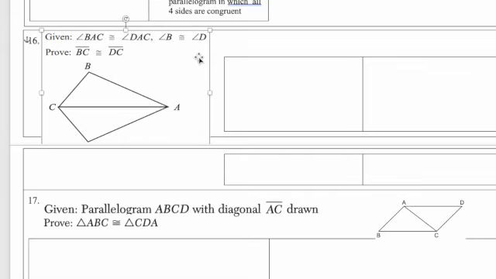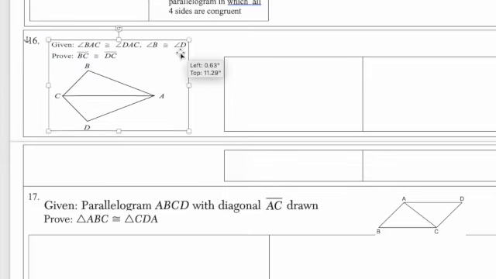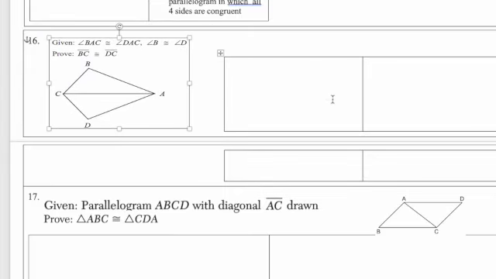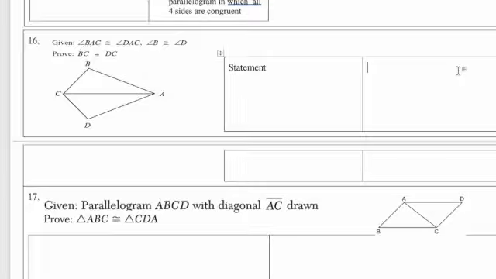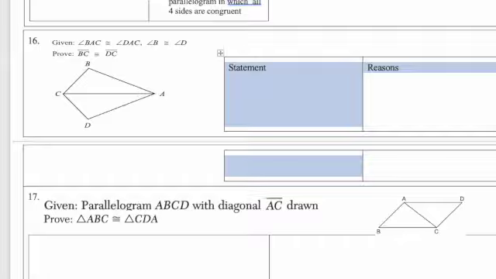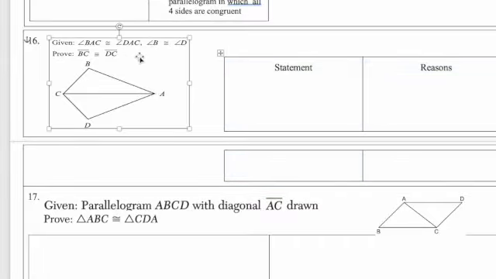Okay, and we have our statements and reasons. And over here we're given angle BAC is congruent to angle DAC.